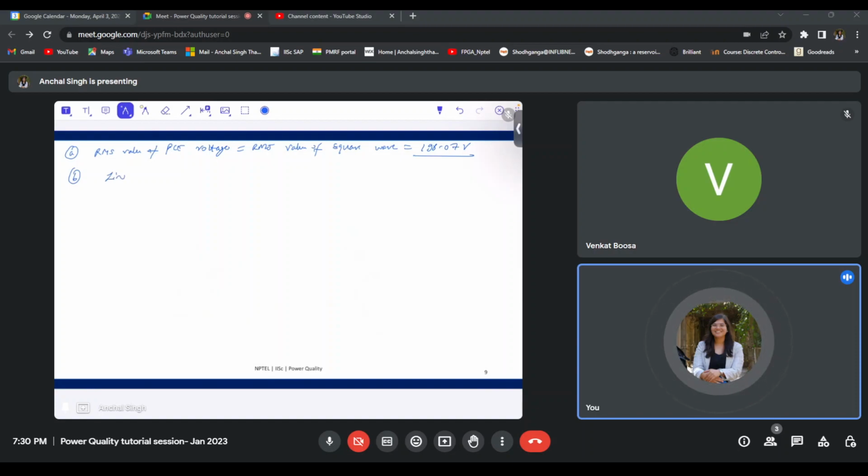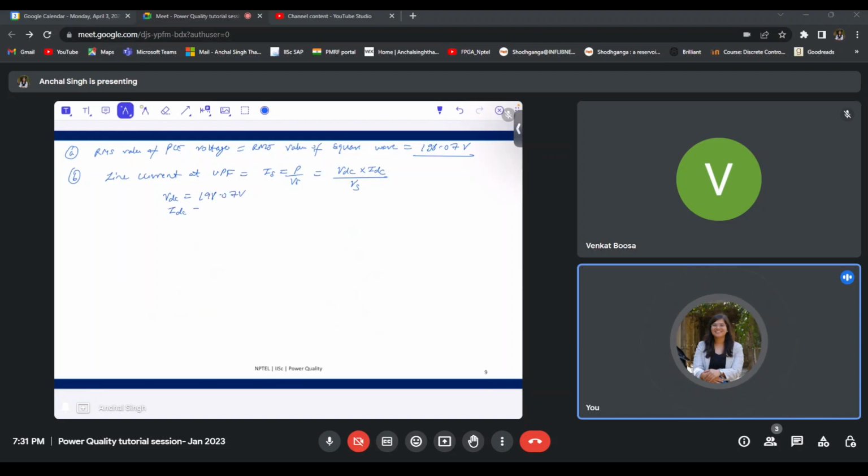In the B part, we were asked to calculate the line current at unity power factor, which will be equal to IS, which will be equal to P by Vs. So we need to find the active power. Active power can be directly written as VDC into IDC. We already have the VDC link voltage and we can find the DC link current, and we divide it by the voltage. VDC we already know, it is 198.07 volts.